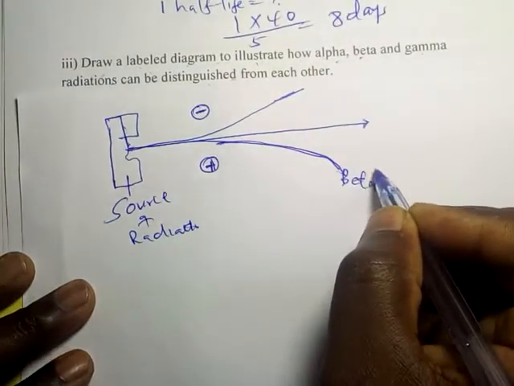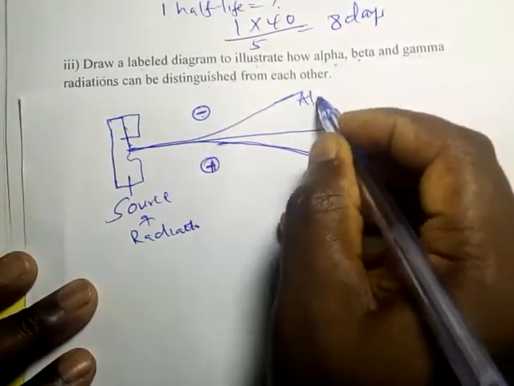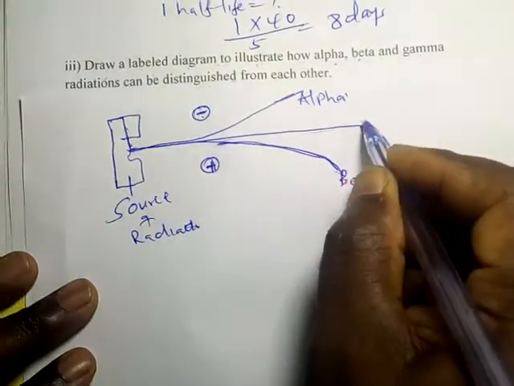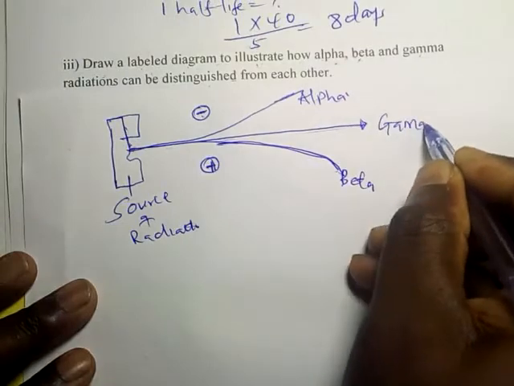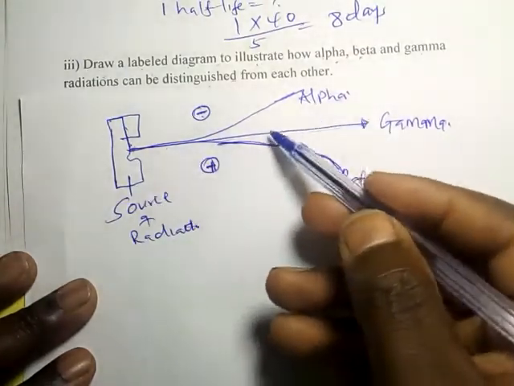Alpha is positively charged, so it will be deflected towards the negative. Gamma does not have any charge, so it will just go straight. By so drawing this, you have differentiated them.